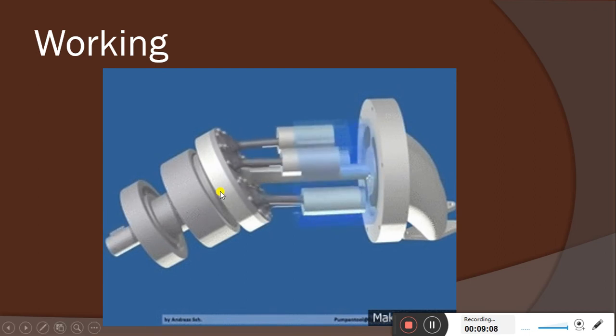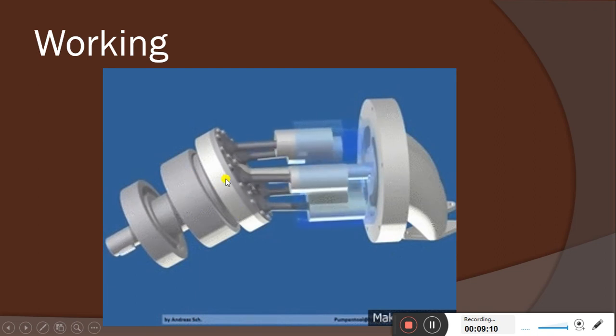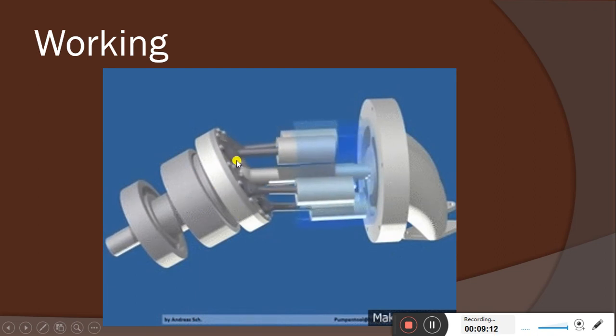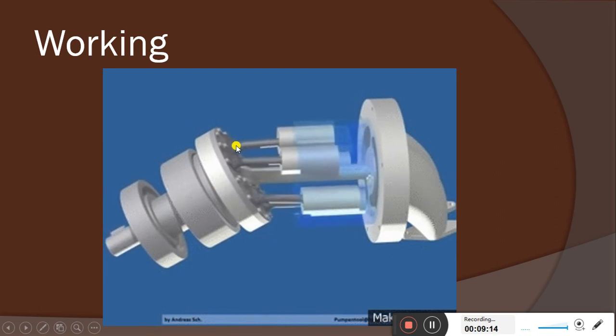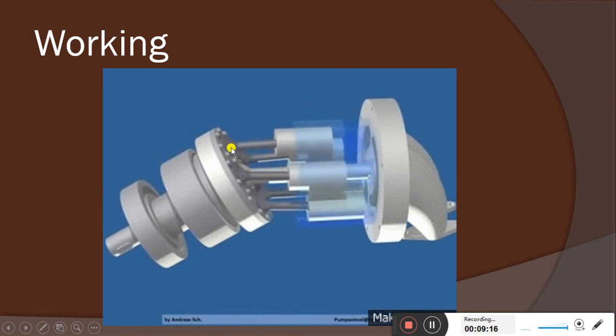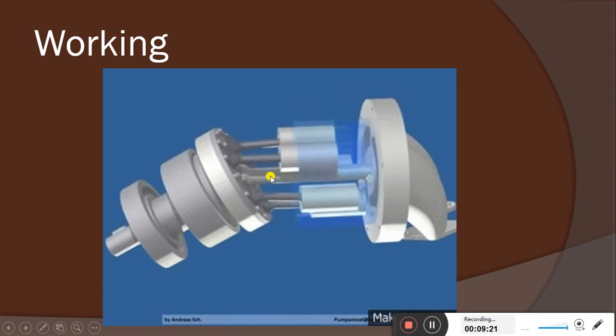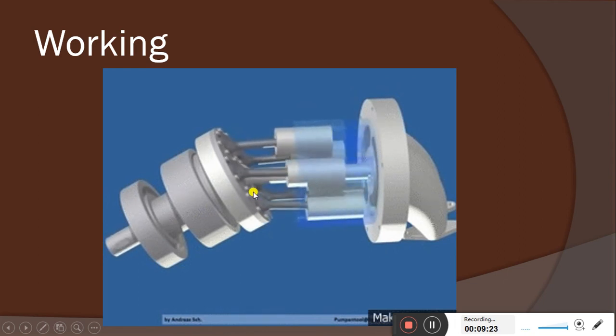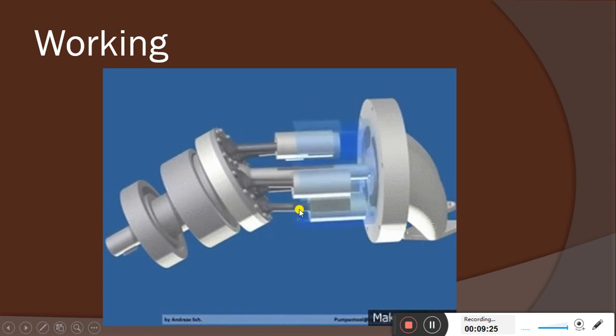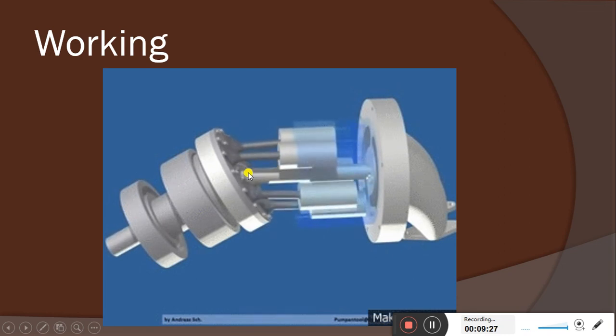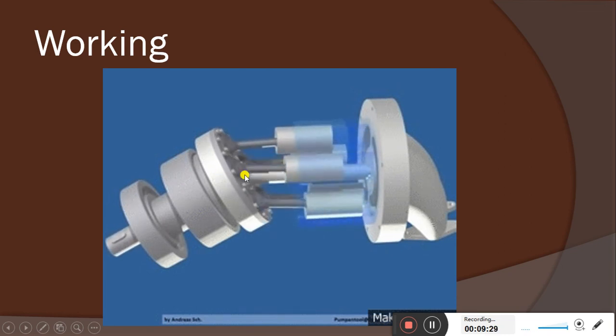So this is the driving shaft with a bent plate, and it is connected to the pistons. You can see the piston is connected by a universal joint here, a ball and socket joint, and the barrel is rotating with respect to the driving shaft. It is connected to the barrel by a ball joint.